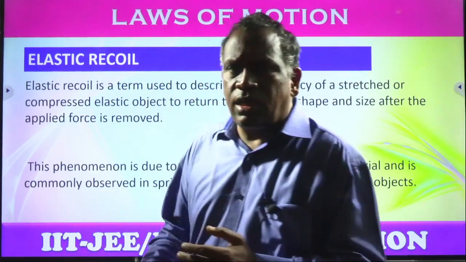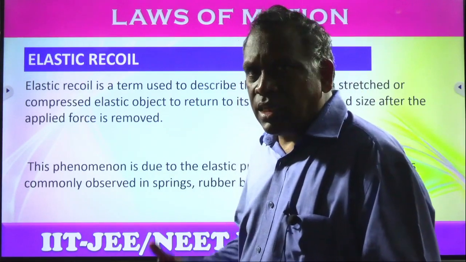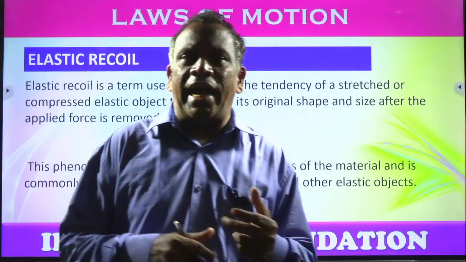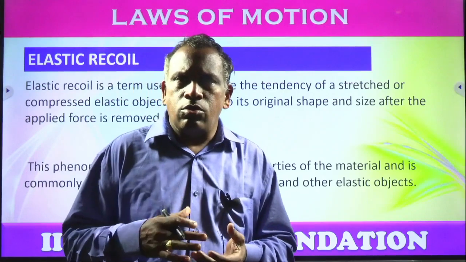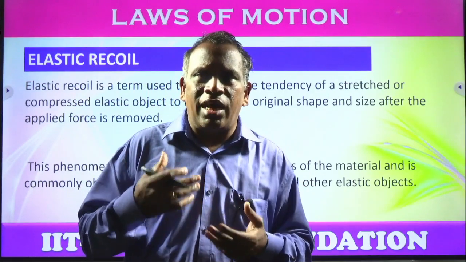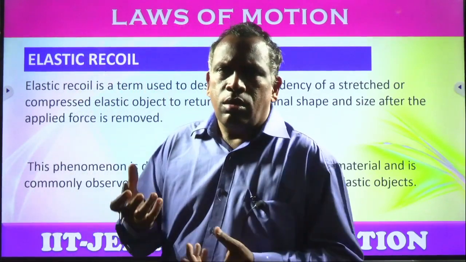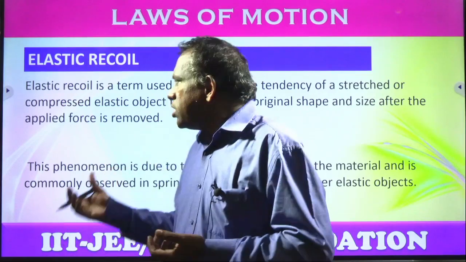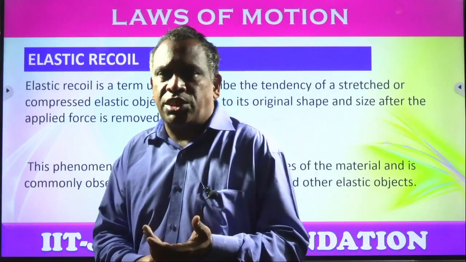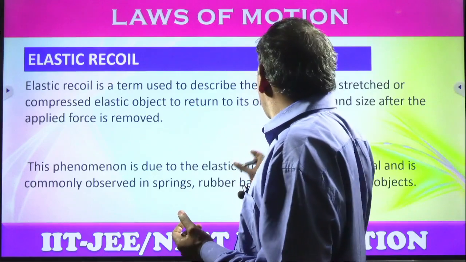What is this elastic recoil? It is an elastic restoring force. All objects are made up of atoms, and between atom and atom there is some elastic energy inside the object. That is elastic recoil: the tendency, after a compression or an extension, to return to the original shape.